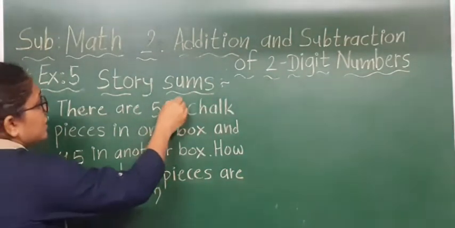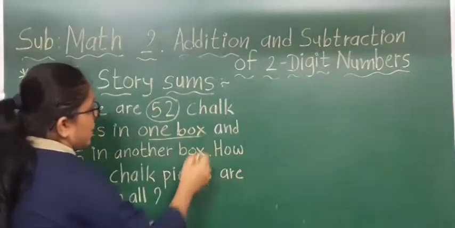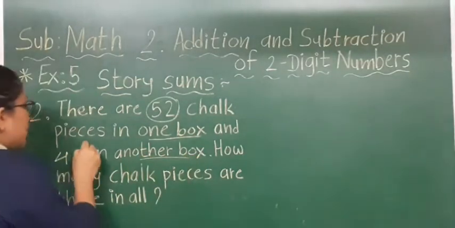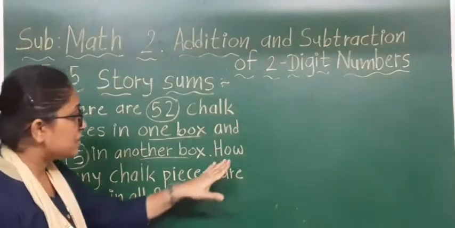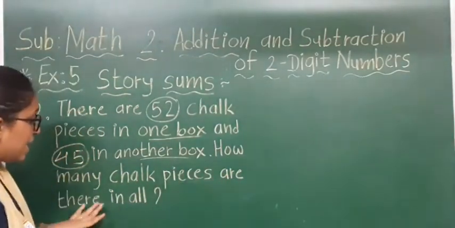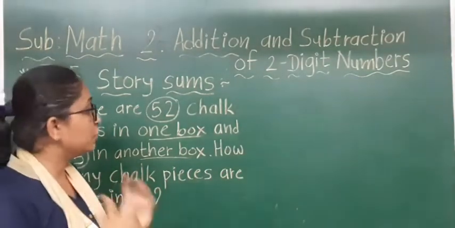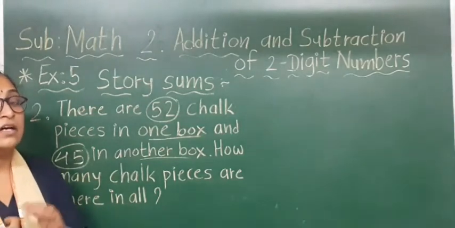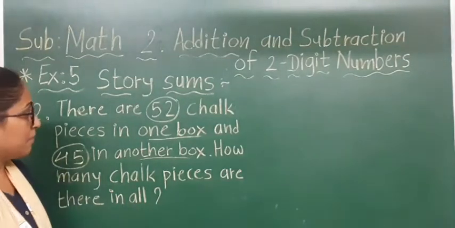So here you can see 52 chalk pieces in one box, and in another box there are 45 chalk pieces. Okay, so the question is how many chalk pieces are there in all? In all, that means we have to find the total number of chalk pieces in one box and in another box. That means we have to do the addition of those numbers.